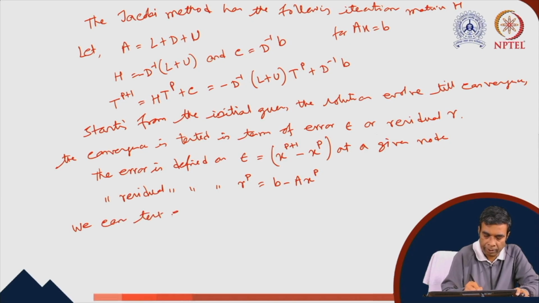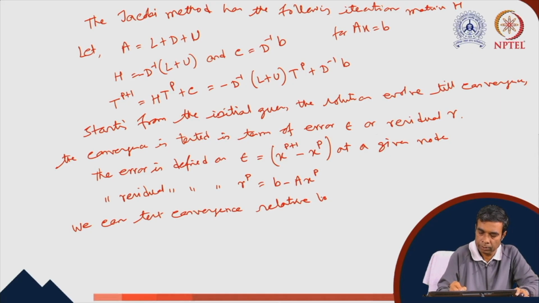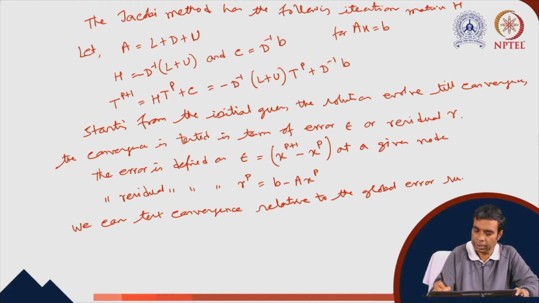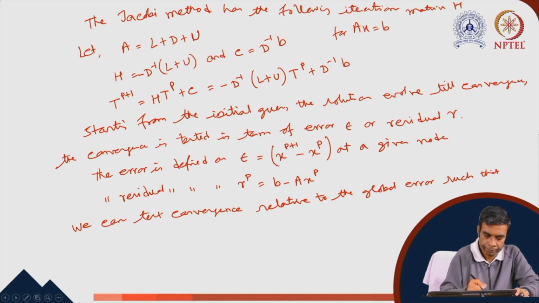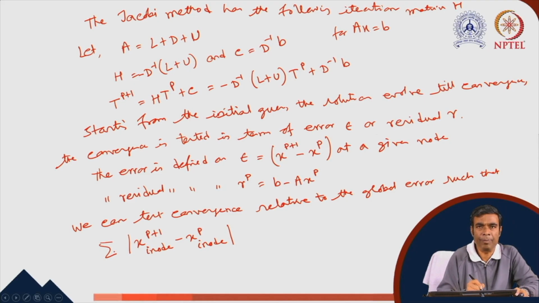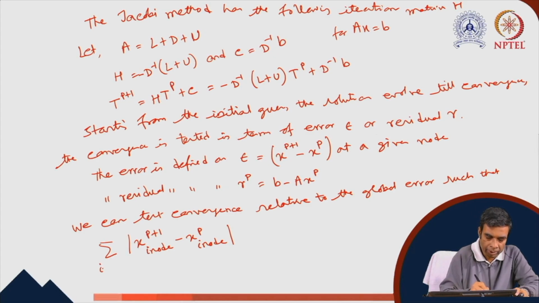We can test convergence relative to the global error such that the absolute value of x at a given node at the p plus 1th iteration level minus x at the same node at the pth iteration level, then we sum it up for all the nodes in the mesh, summation over i node equals 1 to number of nodes.